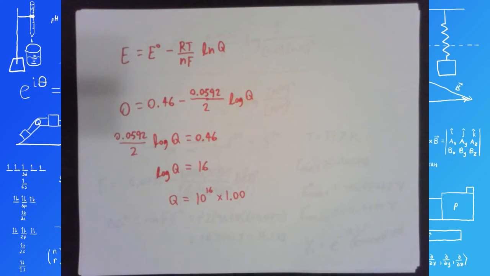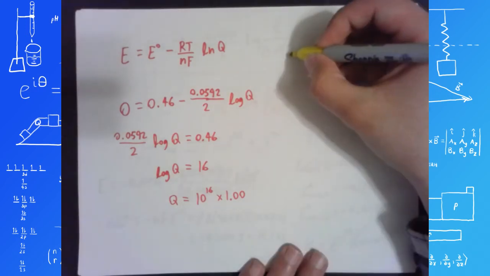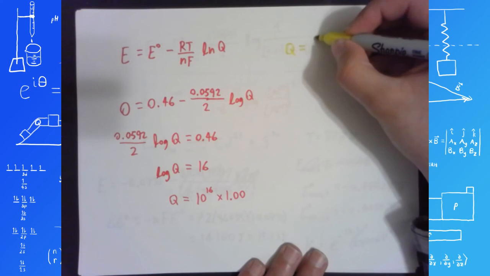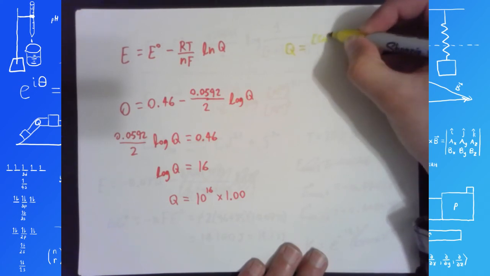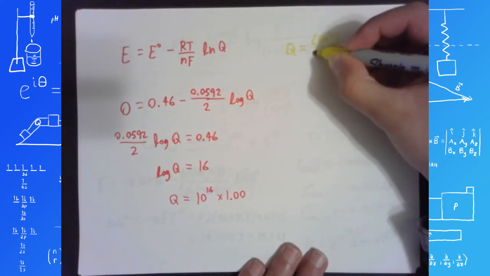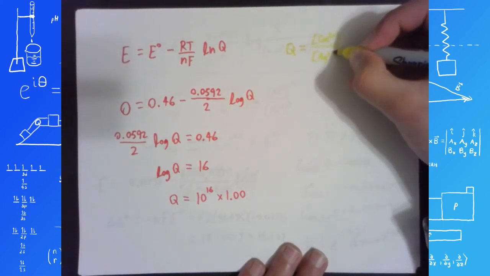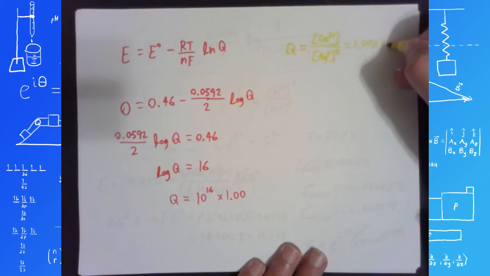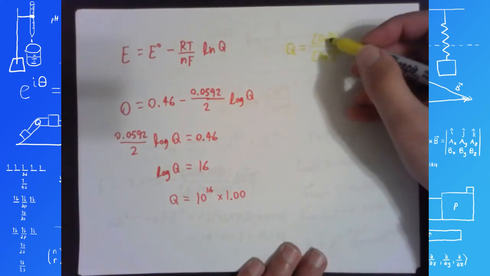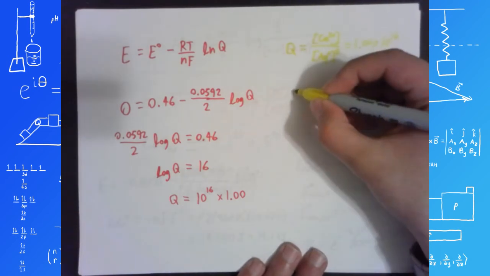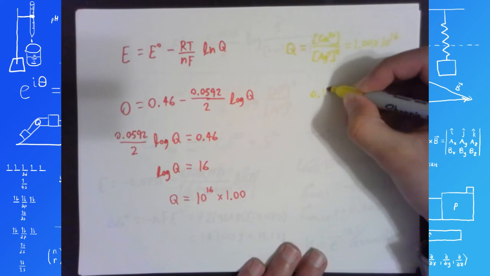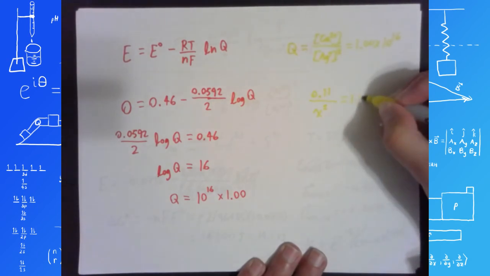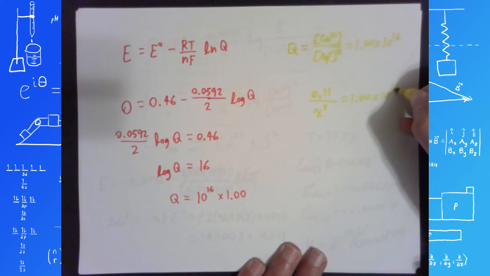So, you're basically being told that Q, which is copper ion concentration over silver ion concentration squared, is 1.00 times 10 to the 16 when the battery is dead, and the copper ion concentration is 0.11, so 0.11 over, let's just call it x squared, equals 1.00 times 10 to the 16.